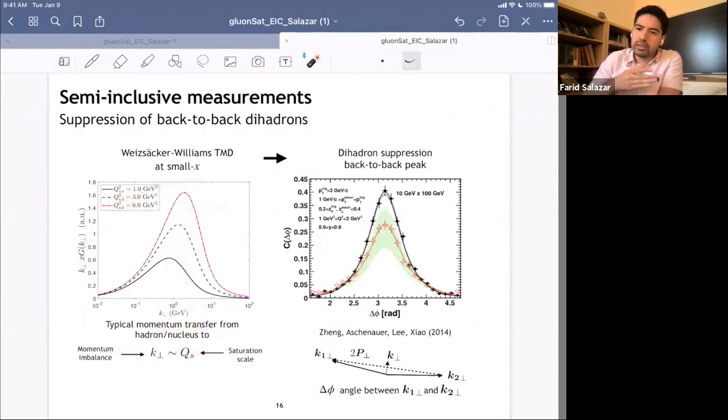So Q_s is telling you what is the typical transverse momentum of the partons, and this is manifesting in this observable. There are other mechanisms that can lead to this kind of suppression, also at RHIC, like, for example, the Sudakov, and there are other final state effects that can lead to this suppression. So one has to be careful and distinguish them.